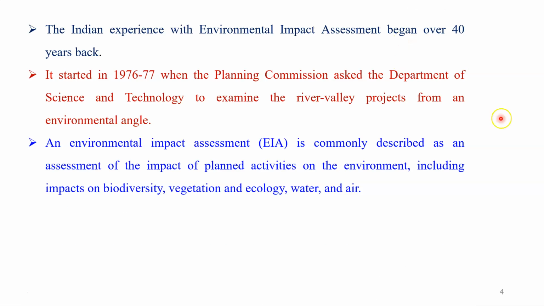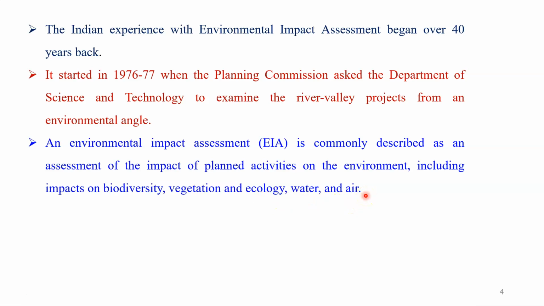An environmental impact assessment is commonly described as an assessment of the impact of planned activities on the environment, including the impact on biodiversity, vegetation, forest, ecology, water, and air quality.